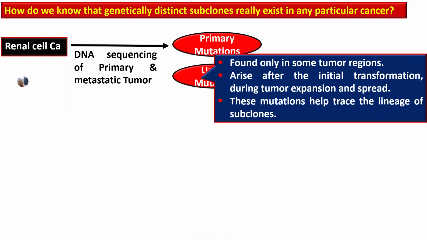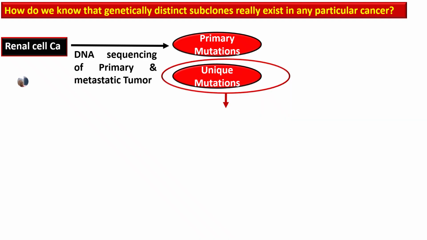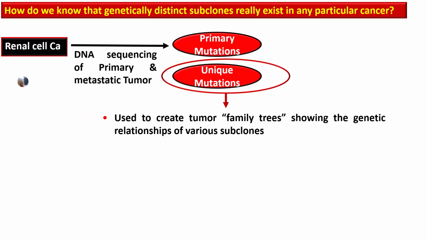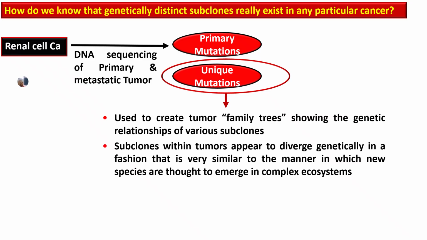So there is a difference in time scale. Species divergence usually takes millennia, while tumor subclone divergence usually takes months to years, or in rapidly progressive tumors, it may be completed even within weeks.